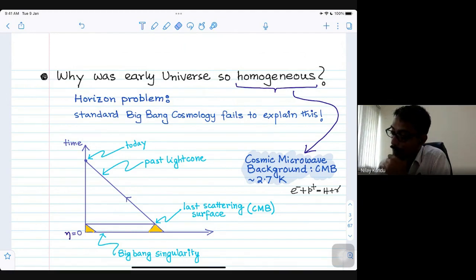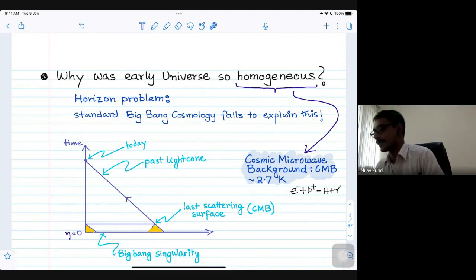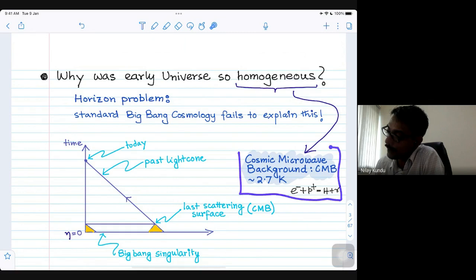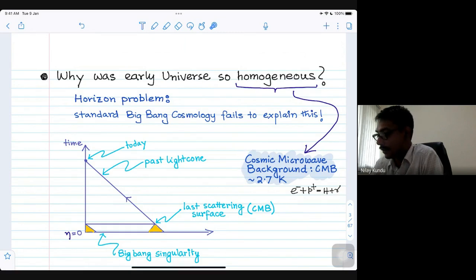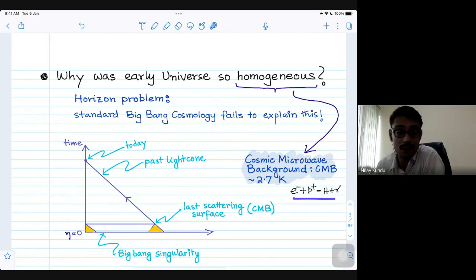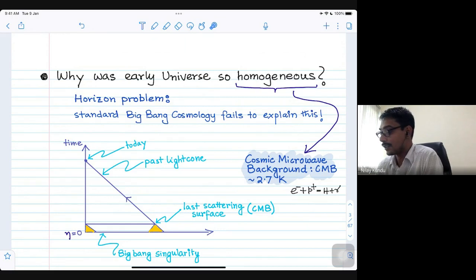How do we know that? Observation tells us, because we observe the cosmic microwave background. At some point in our universe, when it was just created, the plasma of electrons and protons was interacting, but the universe was expanding. So there was a competition between this reaction rate and the expansion of the universe.